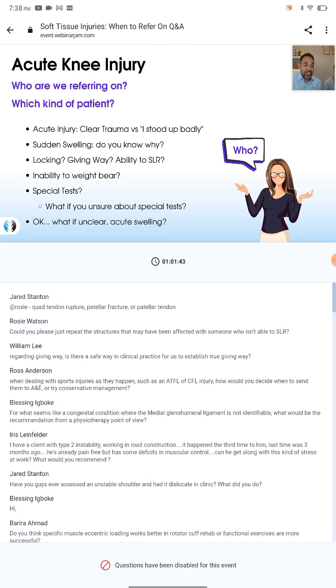And then I just put a little scenario there which I saw once in my practice, which is a patient who didn't have a trauma but who presented to A&E with really sudden, really significant, really acute swelling. And if we go back to the question above, do you know why they have sudden swelling?